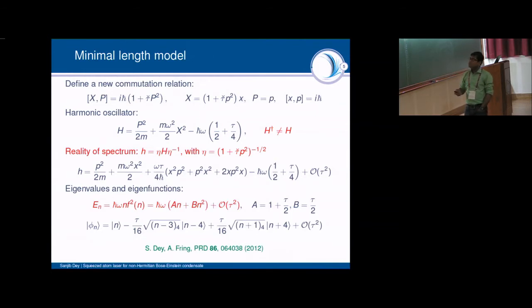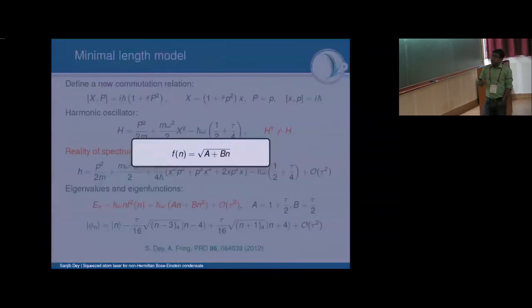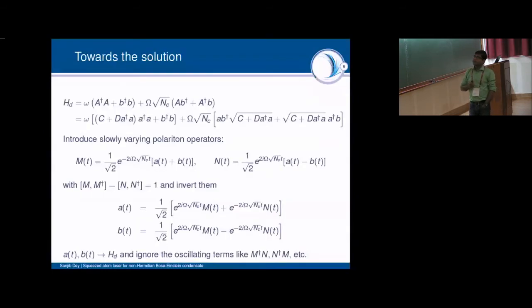So it's nothing but a nonlinear Hamiltonian, and we can get the real eigenvalues and eigenfunctions, and all are consistent with this. So for this model, we get this Fn, with A and B, and we just apply the generalization procedure to get the generalized atom laser.